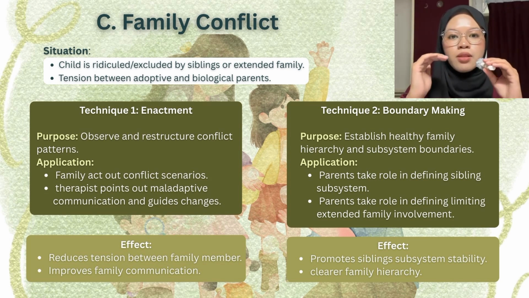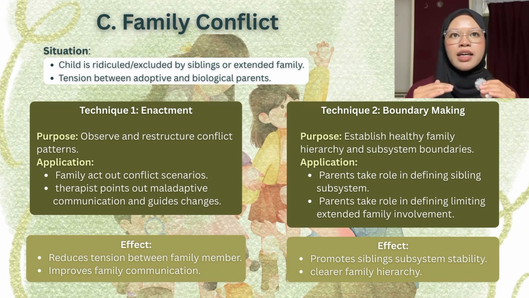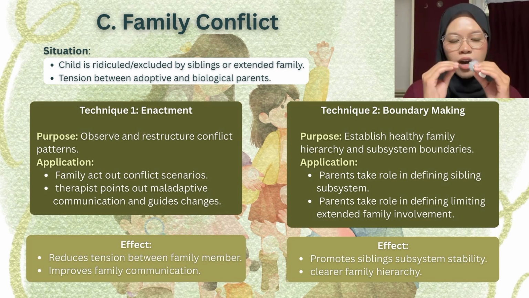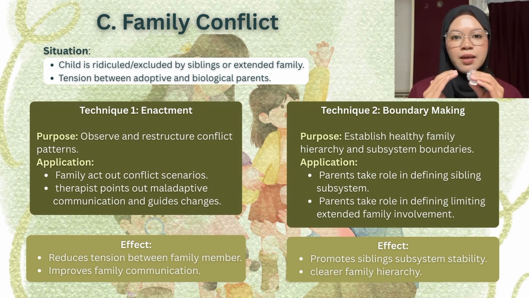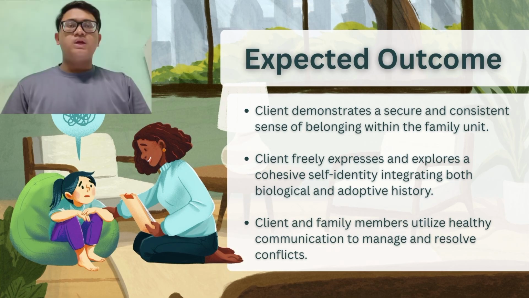We firm up the parental boundaries by not letting the external family get involved in our own family, to create subsystem stability so the parents can act as a team and the children benefit from a clear, predictable family structure.